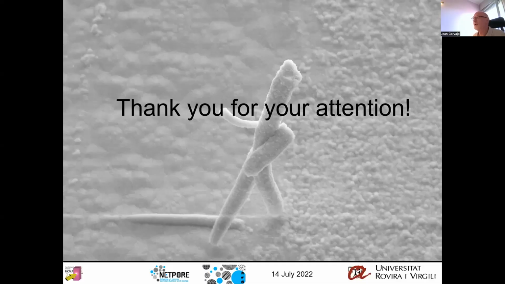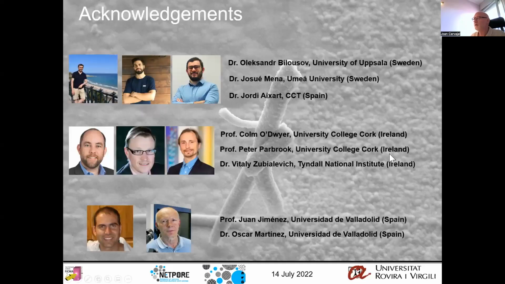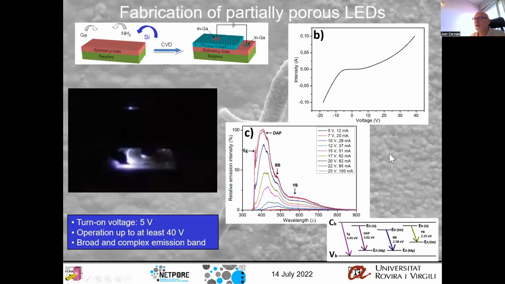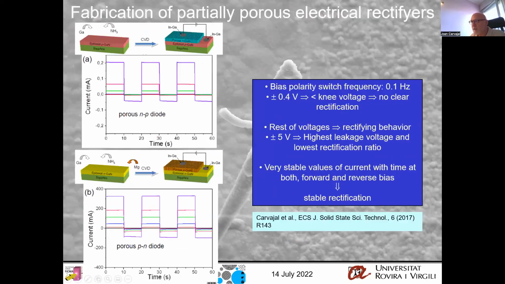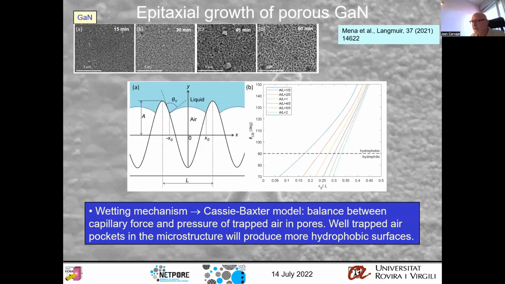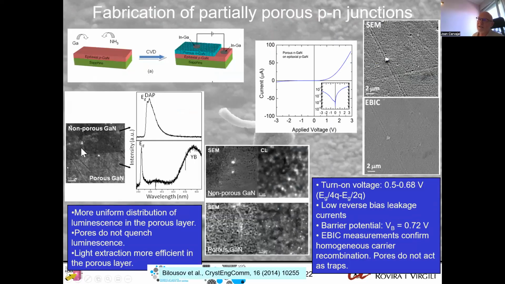Okay. Thank you. Let me share again my presentation, and I'm going to this slide in which we can see this. And here, for instance, this is a cathodoluminescence image in which we can see the difference between the non-porous substrate and the porous layer.